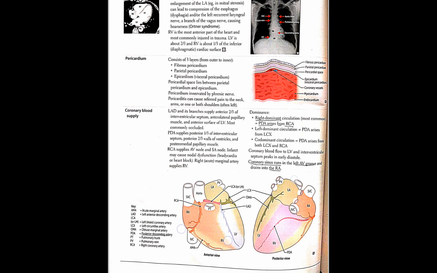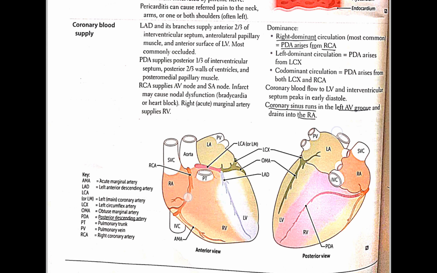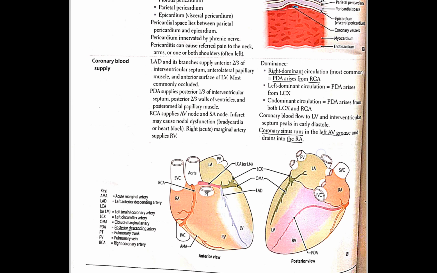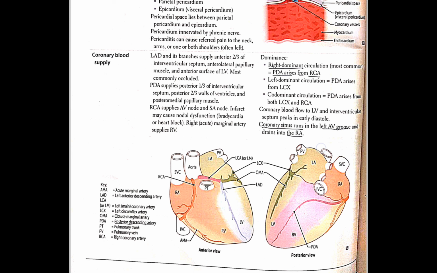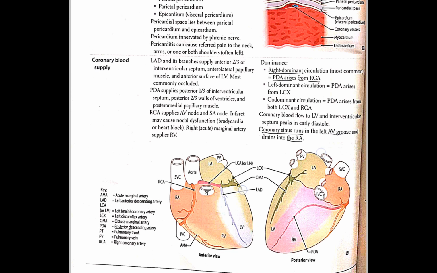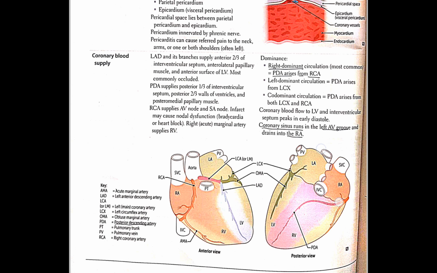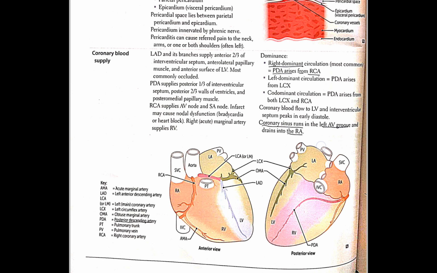So here again this is mentioned. See, the right coronary artery starts from anterior and goes towards posterior, while the left starts from posterior and comes anterior, as the anterior descending and circumflex. See here, this one is from the right and this one is from the left.